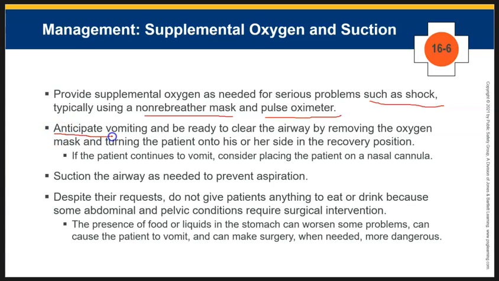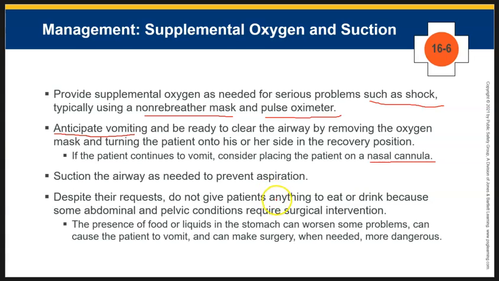Anticipate that the patient may vomit, so have a basin ready and be ready to clear the airway by taking off the non-rebreather mask and assisting them to the side or in the recovery position if required. Now, it may be that you move the patient from a non-rebreather to a nasal cannula. This won't be obstructing their ability to vomit if they need to.